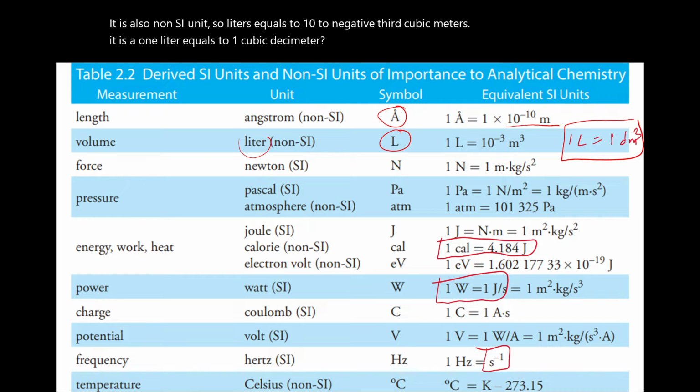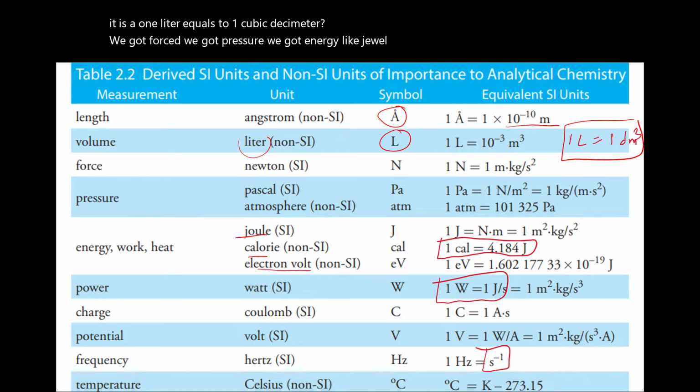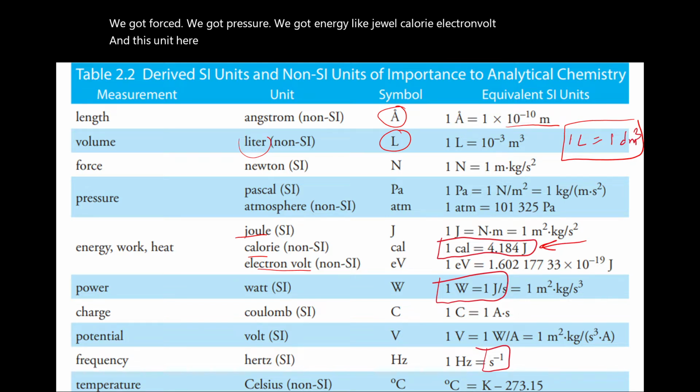We have force, we have pressure, we have energy like joule, calorie, electron volt, and whenever we want to convert from joules to calorie or calorie to joules, we can use this equivalency, or conversion factor, of course.